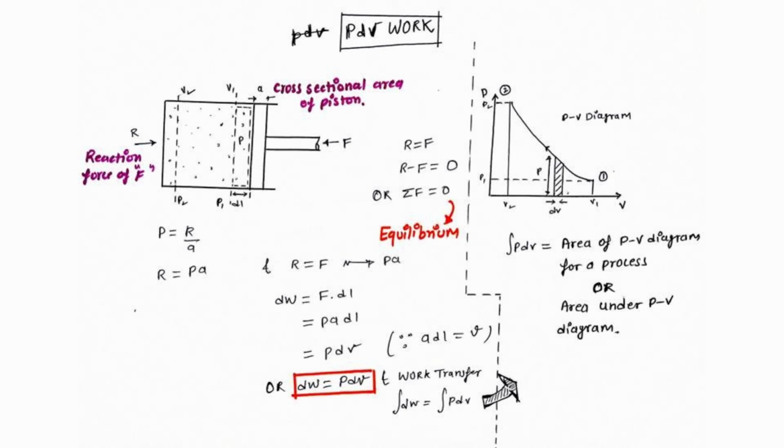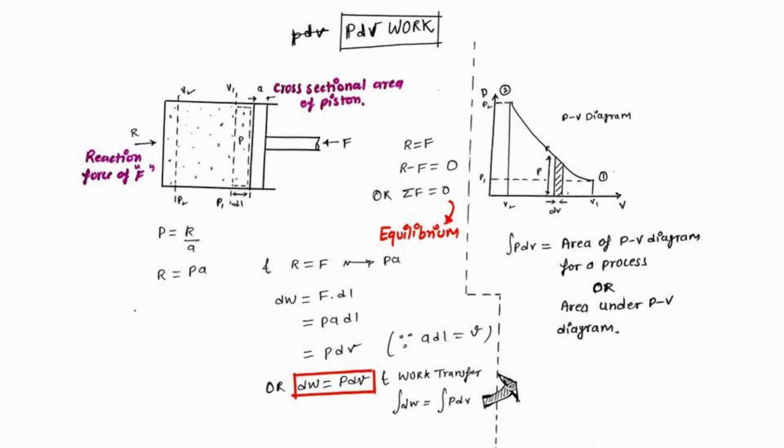Now let's make a PV diagram, which is a very important concept in thermodynamics. When we make a PV diagram from point 1 to 2, the change in volume is V1 to V2 and the change in pressure is P1 to P2, because we are taking initial and final states, not an elemental instance.